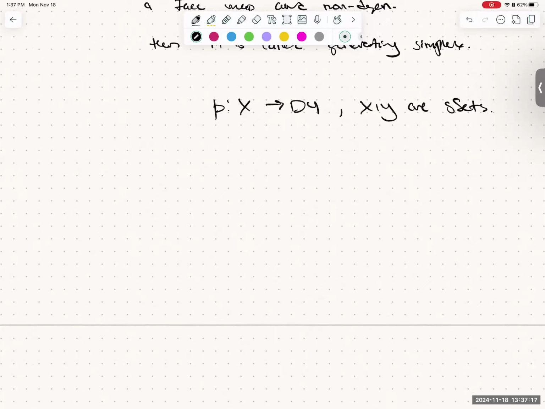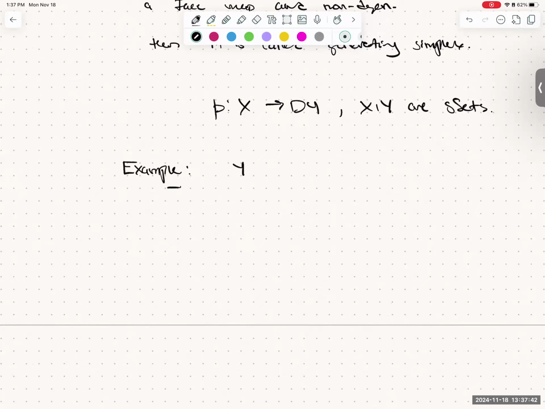And then Y is what we call an outcome space. I will specialize a little bit more. Some of the results will hold for any Y, but sometimes it's nice to be concrete.